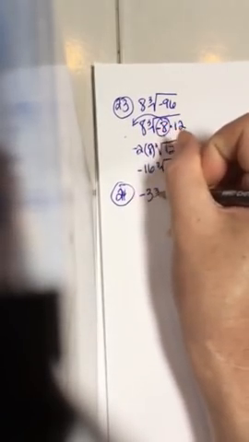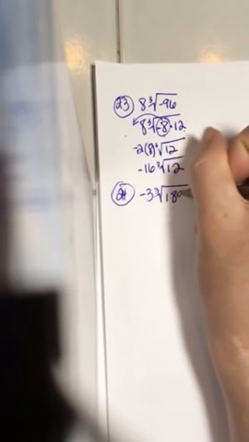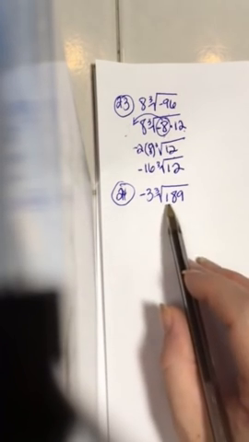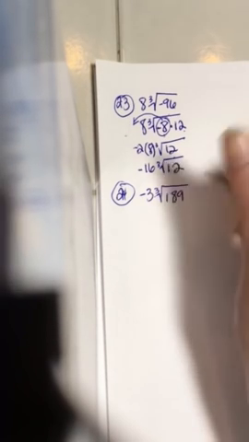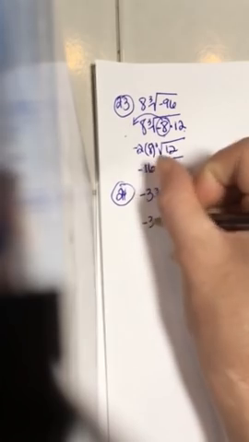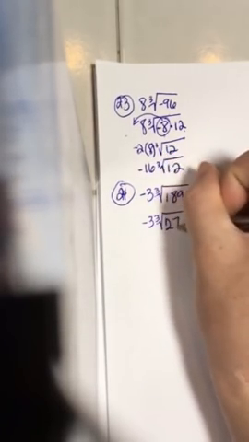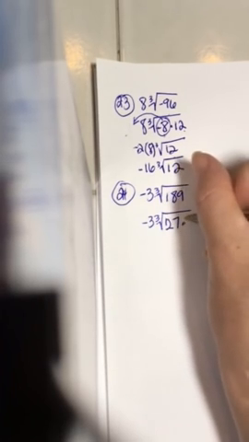Negative 3 cube roots of 189. So I'm looking for some numbers. 189, I'm going to guess 27. And so I'm going to have negative 3 cube roots of 27 times 7.